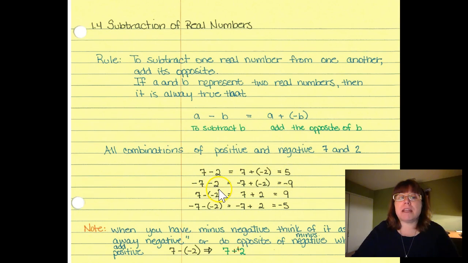Negative 7 minus 2, negative 7 plus negative 2 equals negative 9. 7 minus a negative 2 is really 7 plus, what is the opposite of negative 2? Positive 2. So that 7 plus 2 is 9. And negative 7 minus negative 2 is going to be negative 7 plus 2, which is negative 5.